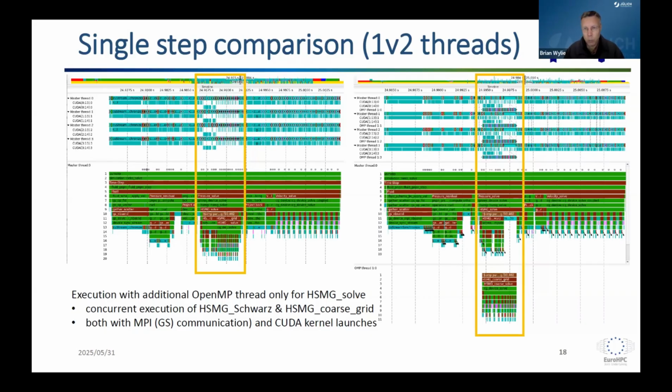So that is one of the explanations for why, although the execution time is faster when both of these are executed concurrently, it's not a complete win here, because as soon as you have two threads here, they're both contending for the GPU when you're offloading kernels, and they're contending for the network interfaces when sending messages. So that contention there means that there's less than a perfect gain from overlap of these two different parts of the pressure solve here.